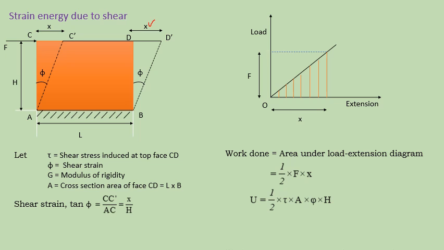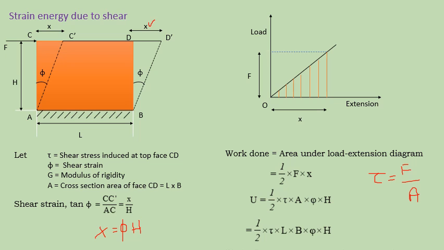In place of x we can substitute x is equal to phi into h. Whereas for this F, we know shear stress is equal to load by area, so load is nothing but tau into A. Therefore, in place of F we can write tau into A, and in place of x we can write phi into h.